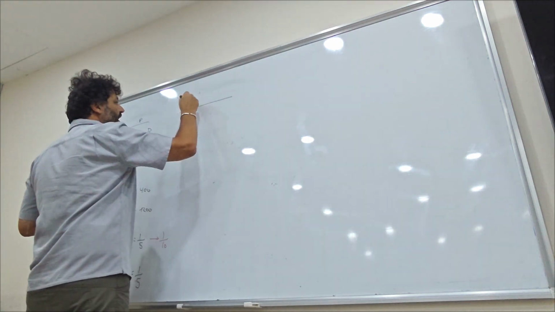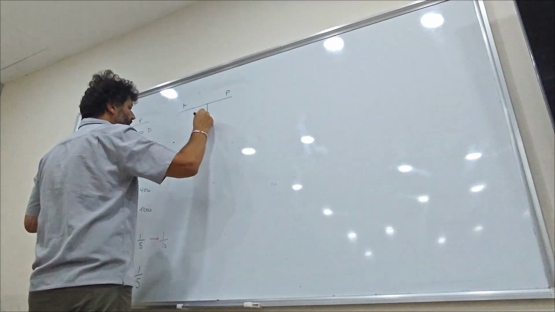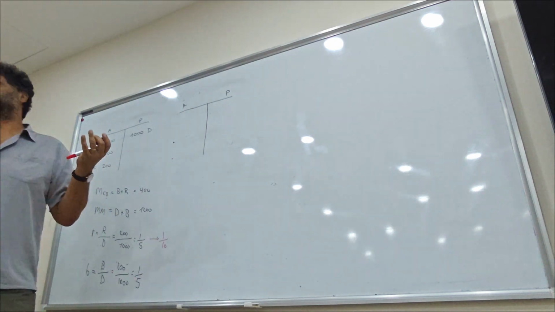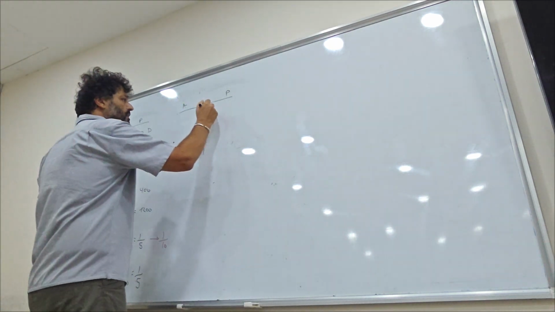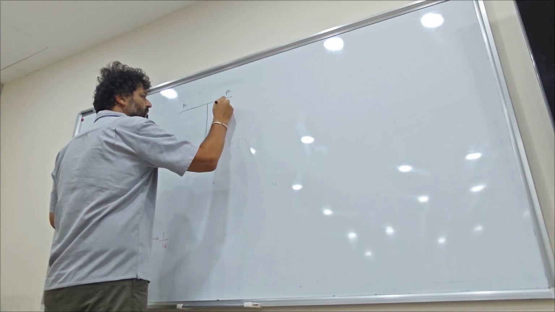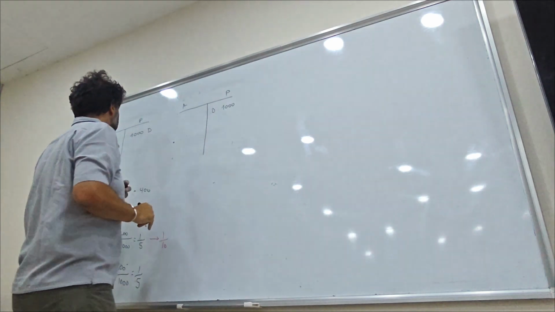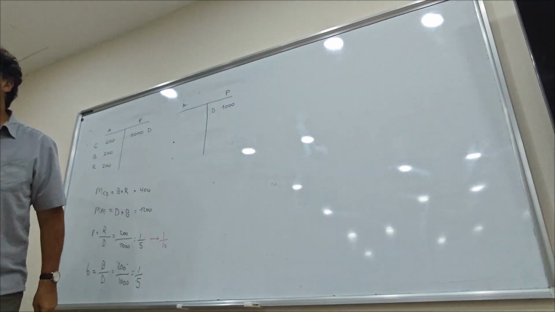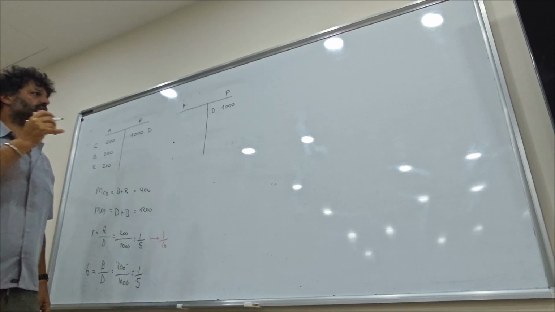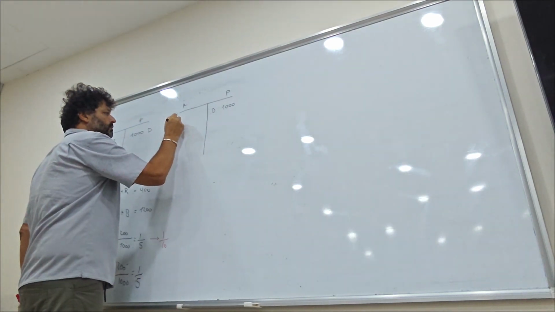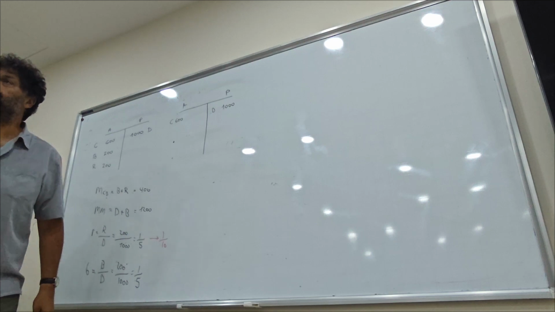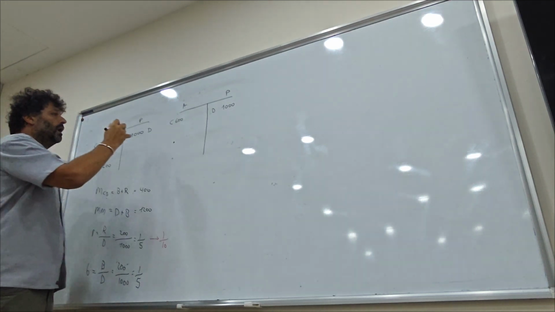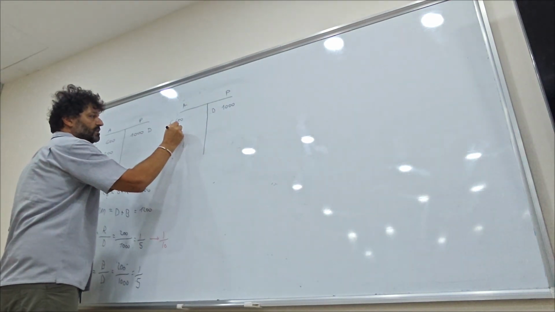Let's write again the account. Active, passive. Deposits are still 1,000, so this doesn't change for the time being. Credits are still 600. And for the time being, bills are still 200.